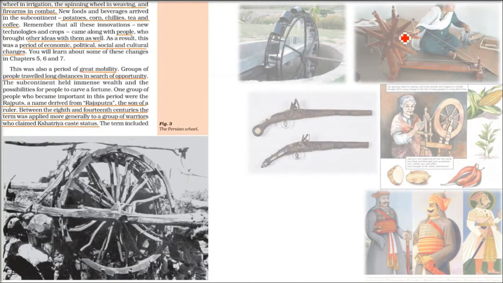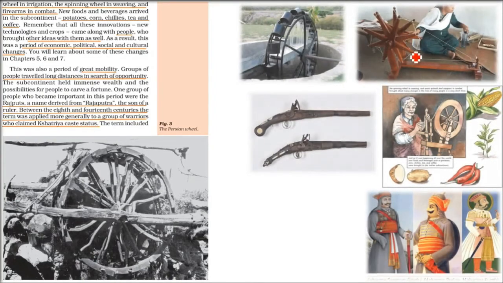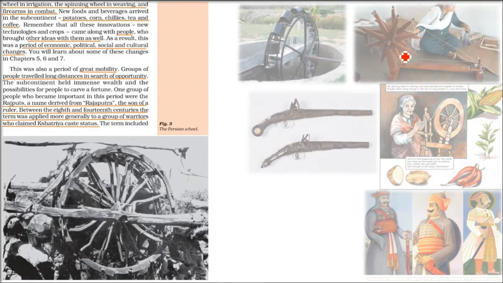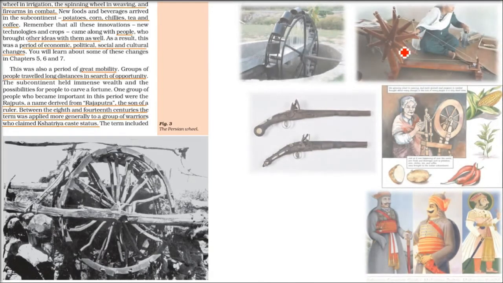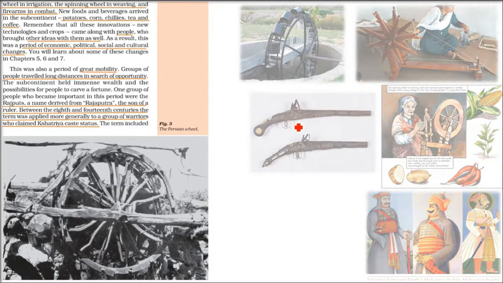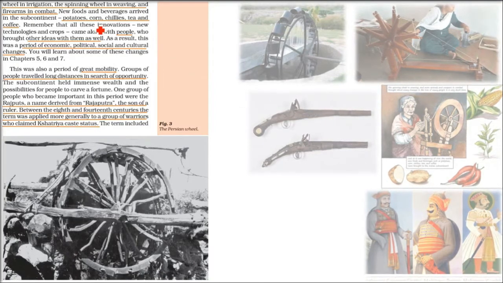Along with this, we have the spinning wheel in weaving. You might relate it with Mahatma Gandhi. That is how to make thread from the raw material. Then in combat fighting, the use of firearms, those which have barood, that can create fire.